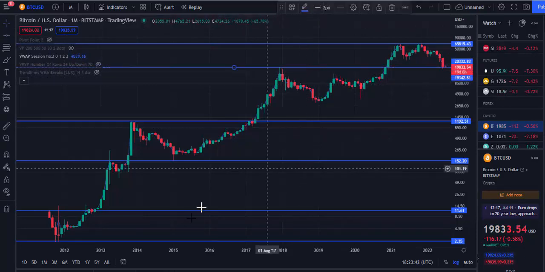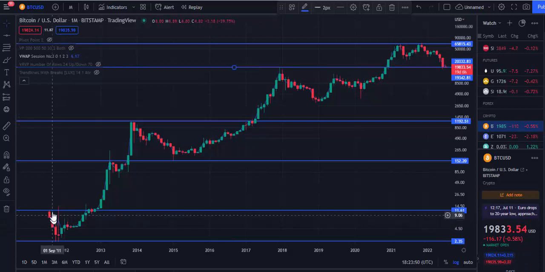So that is how we are going to analyze this market, starting from the beginning. You can see here Bitcoin went as high as $11. From $11 it dumped down to $2.